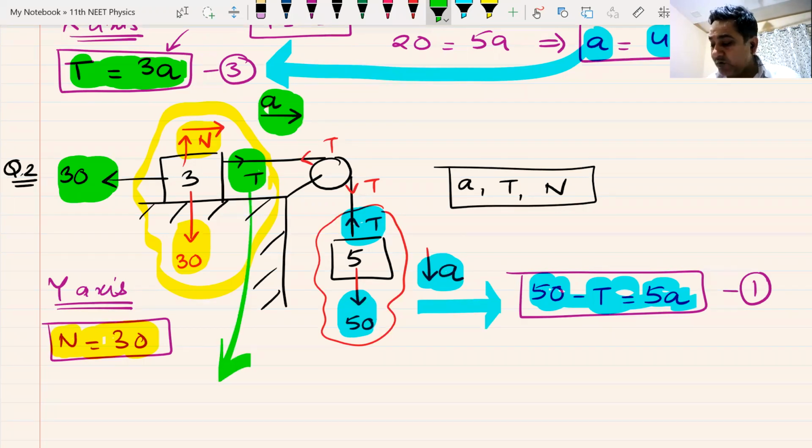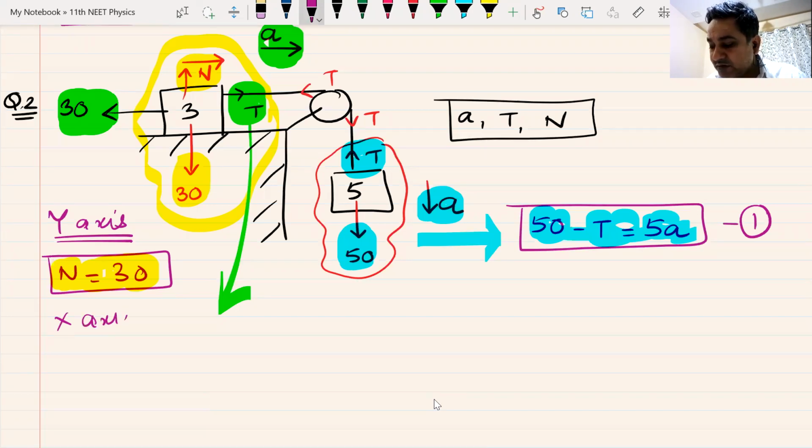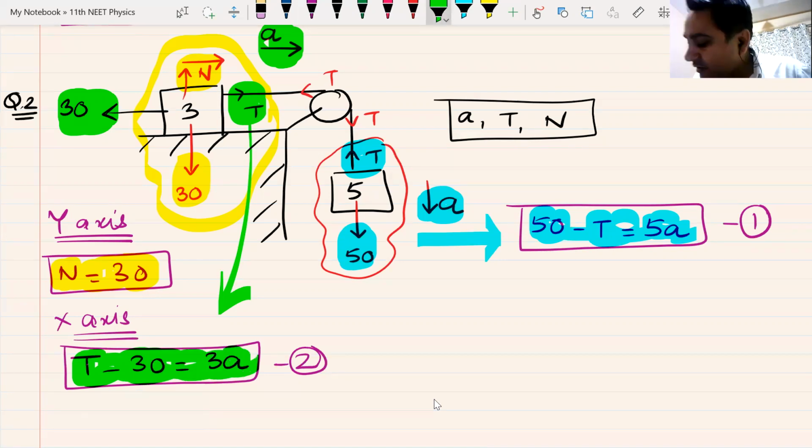What will be the equation for this block along the x-axis? For the x-axis, the green one, the equation is simply T minus 30 is equal to 3A. That becomes my equation number 2, the green one from the x-axis.